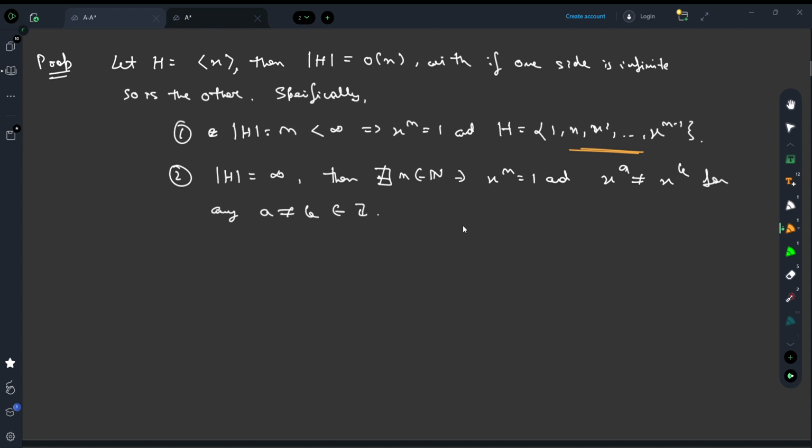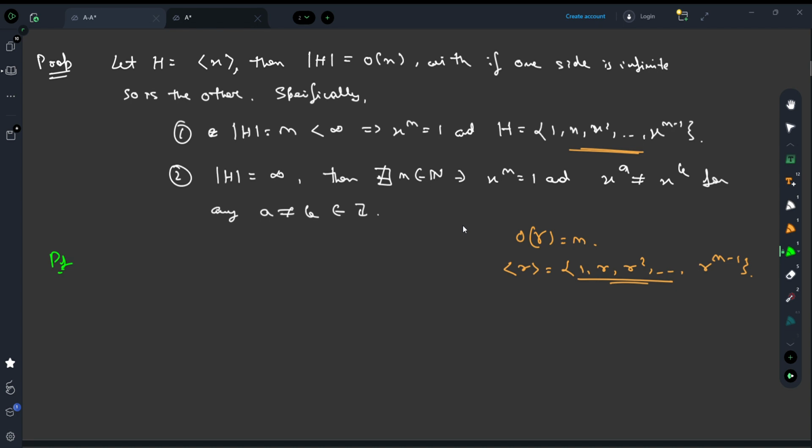We had discussed the cyclic subgroup generated by R, where R was the rotation in a dihedral group. So we start with R. We know that the order of R is n in case of a dihedral group. So we know that the cyclic group generated by R will only consist of the elements 1, R, R squared, till R to the power n minus 1. And that is exactly what we had.